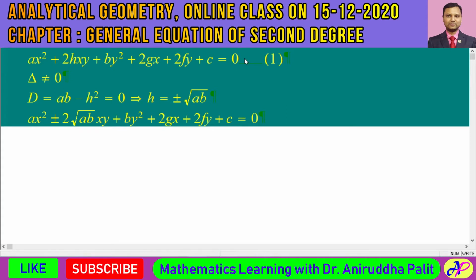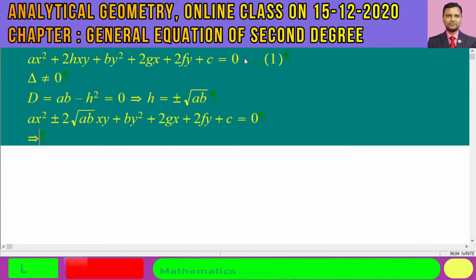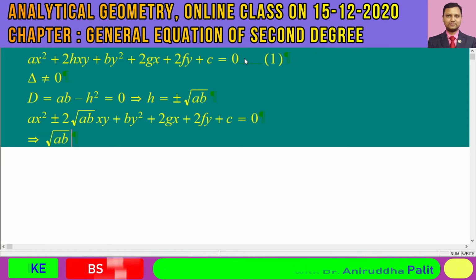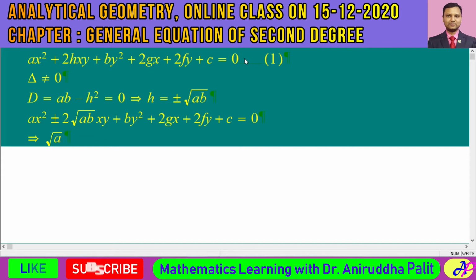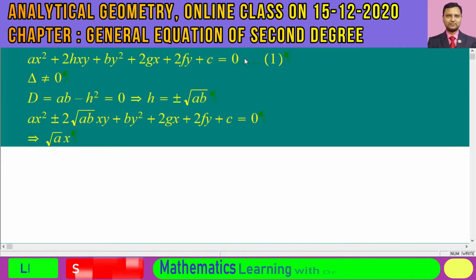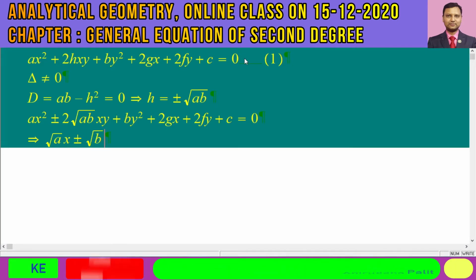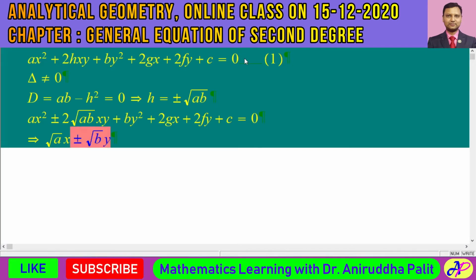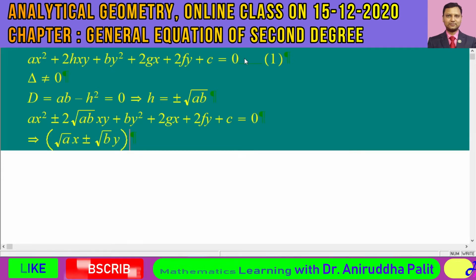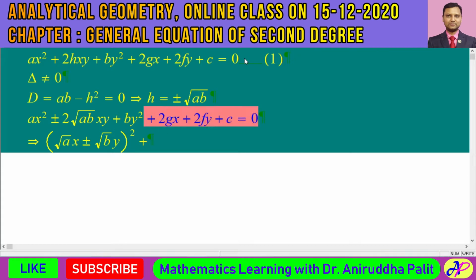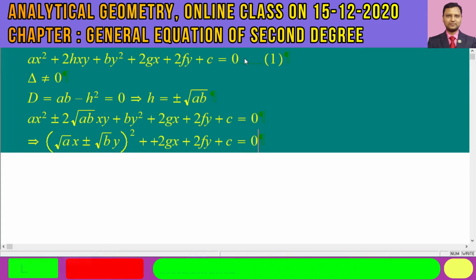Now look at this expression a bit carefully. Over here you see we can write this first three terms as root over of a into x plus minus root over of b into y, its whole square, plus the remaining expressions equal to 0.